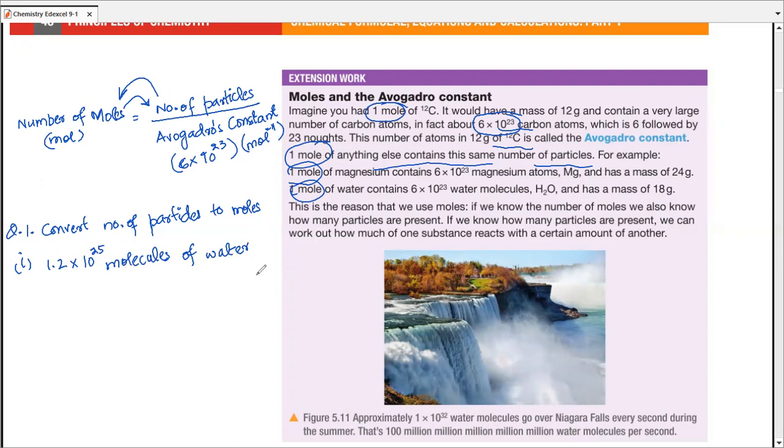Then how many moles do you have? Now the idea is really simple. This time you do not need to calculate MR. This time you don't even need the formula. You're simply going to take this number and divide it by 6 into 10 raised to power 23. That's how easy it is going to be. Go ahead and try it.